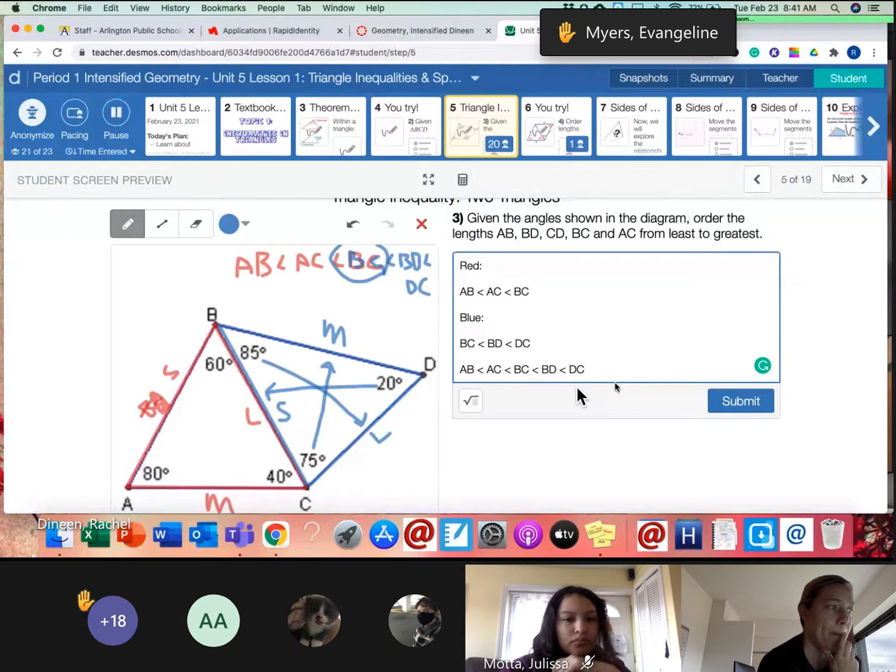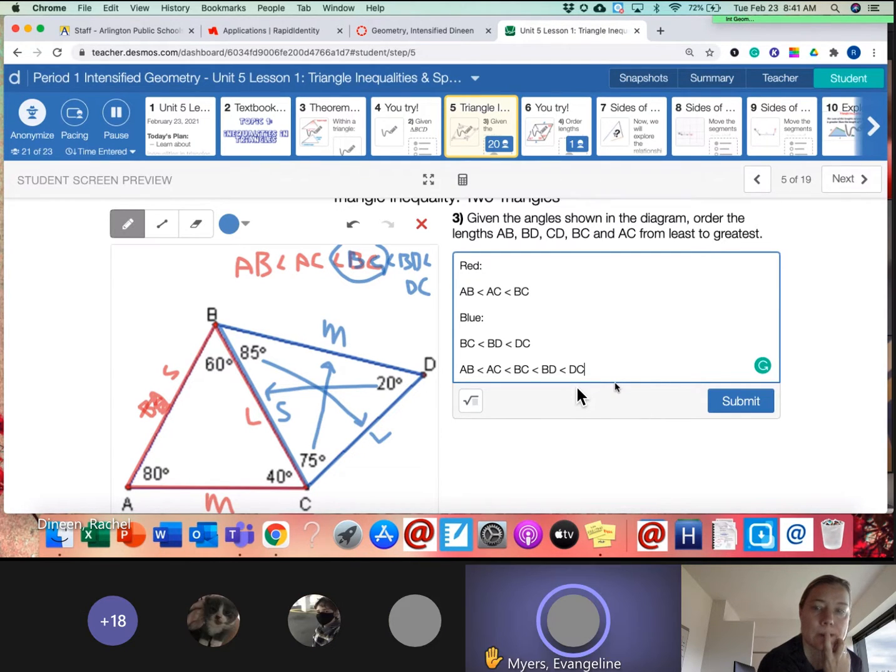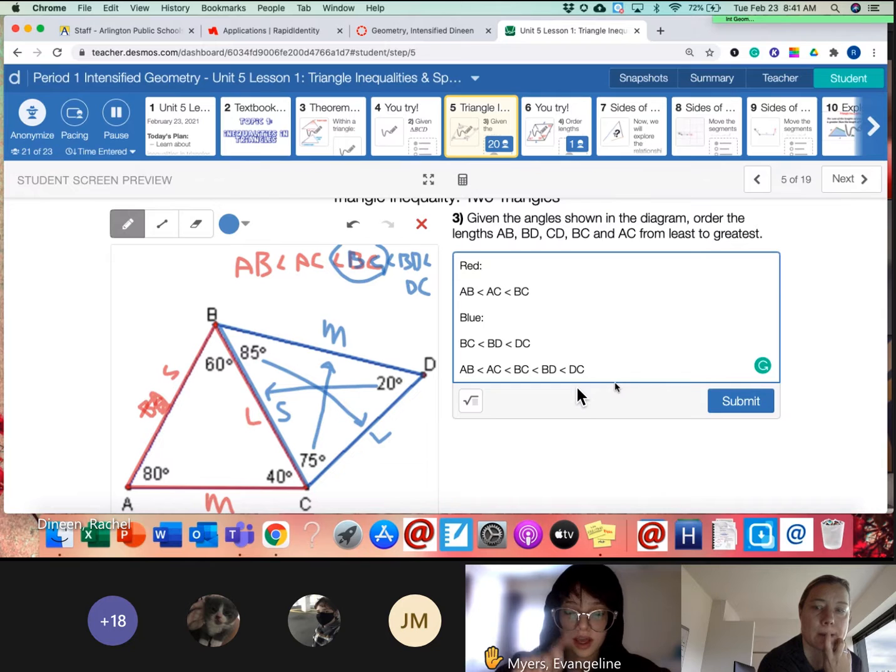Questions on that? Yes, Evie? Could you go over why you put AB and AC first? Was it because the triangle was on the left? No, I just did that first out of pure coincidence.